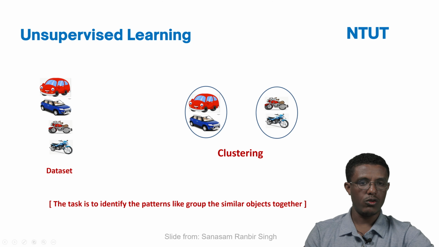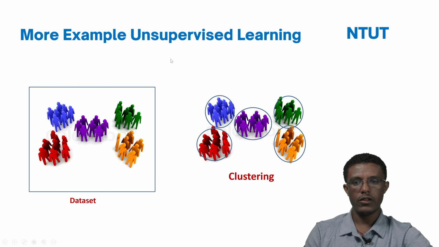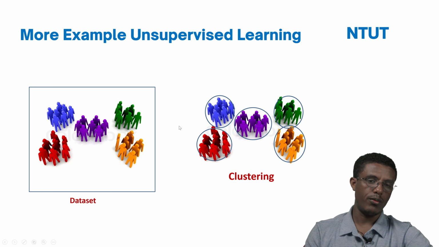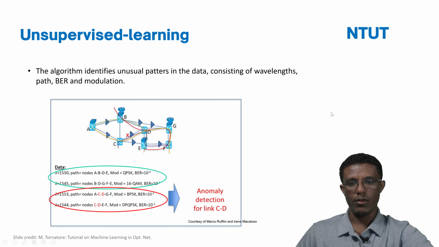Based on similarities, the task is to identify the patterns and group similar objects together. The same thing here, there are different people, so based on similarity we categorize them into different groups. Unsupervised learning is focused on similarity.